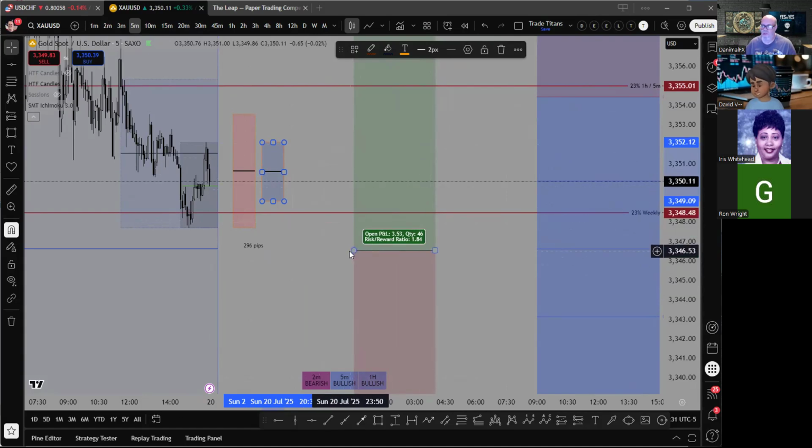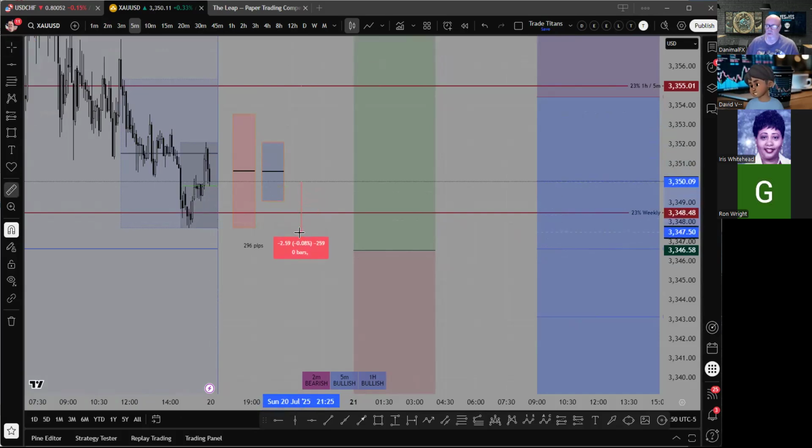So an entry could even just go for, so we got 296, but we're at almost 300 pips. You get 4,500. So we could still go down, from here where price is currently, another 100 pips for $10 is about 33.40.